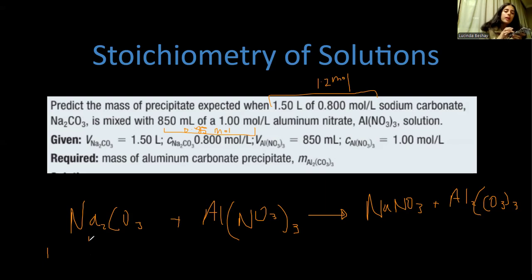So we are going to have 0.85 times 105.99, which will equal 90.0915.